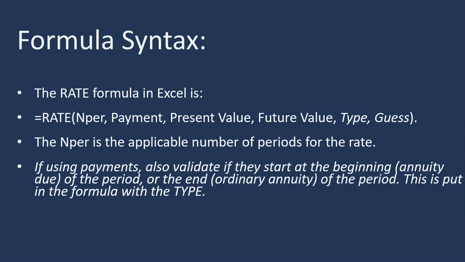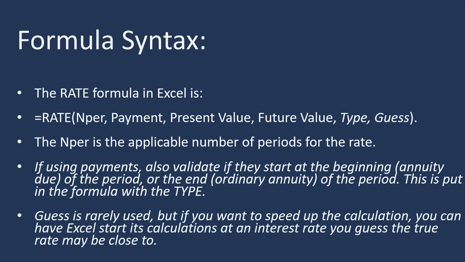We've talked about how, if you're using payments, you need to make sure they are either at the end or the beginning. The optional value of type is either a 1 or a 0. If you put in a 0, it means that the cash flows are at the end of the period. If you put in a 1, it tells Excel these cash flows are at the beginning of the period.